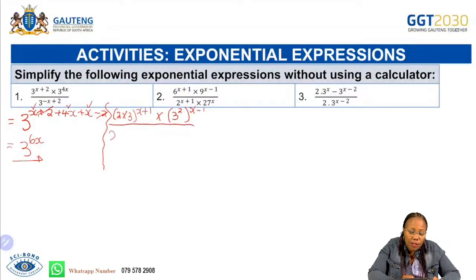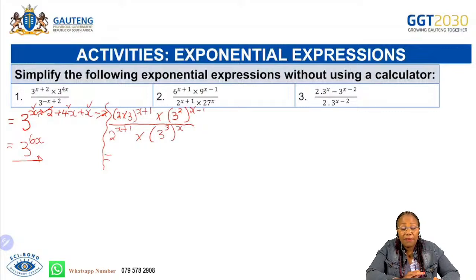Divide by 2, we leave it like that because it's already a prime base. Multiply by 27 is 3 to the power 3, then to the power x. Happy now, everything is in prime base. This means that you are now working with base 2 and base 3 on this problem.